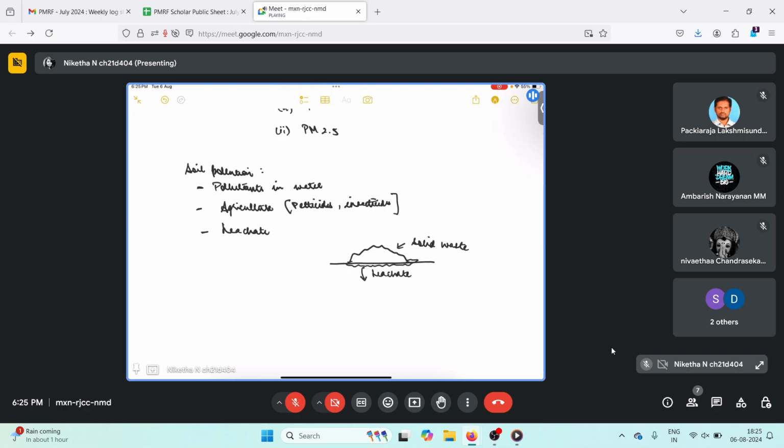Sometimes during rainfall, because of the water falling on the solid waste, this leachate could be a mix of the rainwater and the biodegraded waste. Together it will come down and it can pollute the groundwater. So this liquid that is generated from rainfall and the biodegradation of solid waste is called leachate. Is that clear?